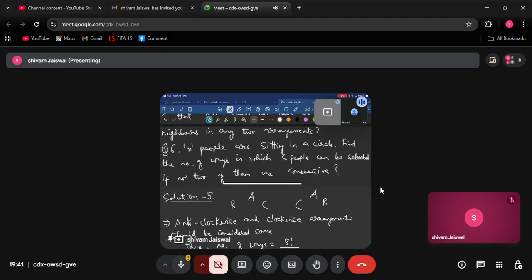N people are sitting in a circle. Find the number of ways in which 3 people can be selected so that no 2 of them are consecutive. Very easy. Just now we have done it. A similar type of problem.